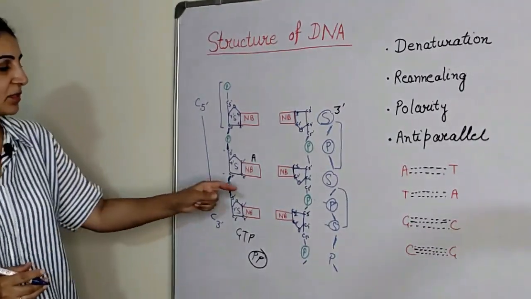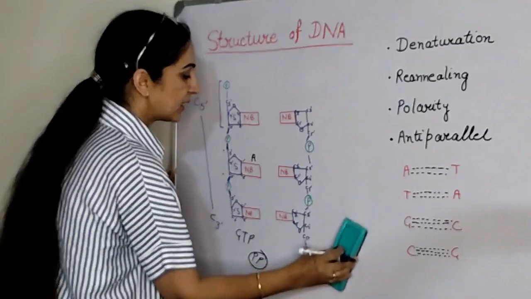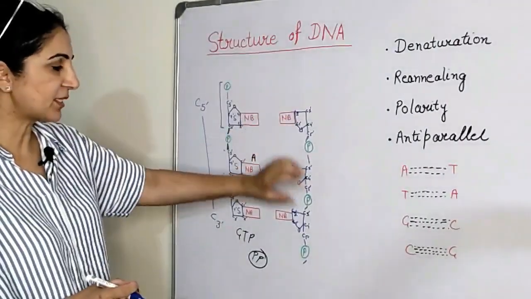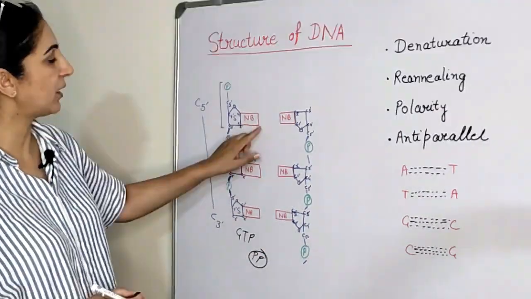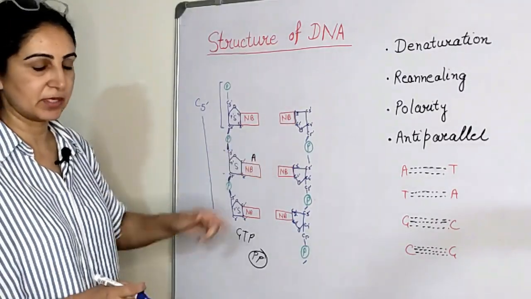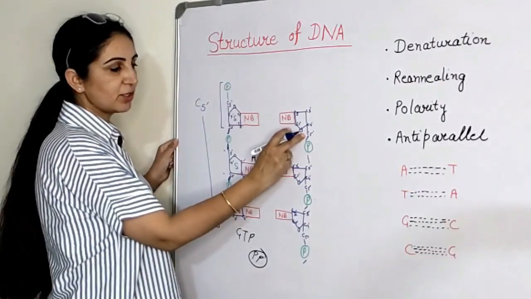So let us see what is the polarity of the other chain. Here if we see closely, it's arranged upside down, because that is how these nitrogenous bases will be able to form bonds with each other and the DNA structure will be stable. So here see the direction of the deoxyribose sugar.